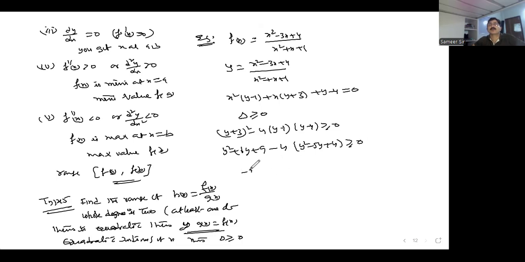So when you simplify, minus 3y square plus 26y plus 20, and this is 6, here minus 16 this. Okay, 3y square minus 26y plus 7 less than or equal to 0. Okay, we got it like this.